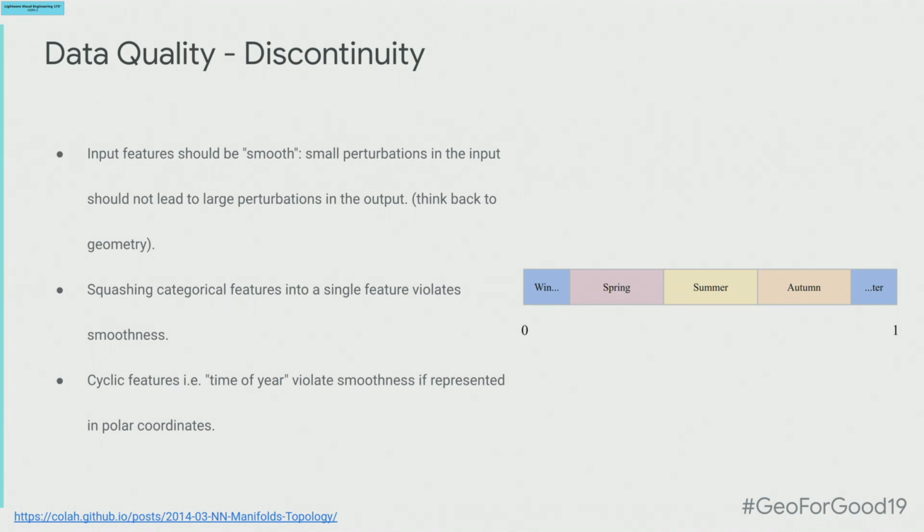No longer are points actually close to each other in embedding space if they're semantically similar. We're violating that smoothness principle. So this is also not a great idea. Usually what we do here, if you have some cyclic feature, is to, instead of treating it as a polar coordinate, project it into the sine and cosine of your angle of seasonality. This way, we're maintaining the smoothness in the input space.